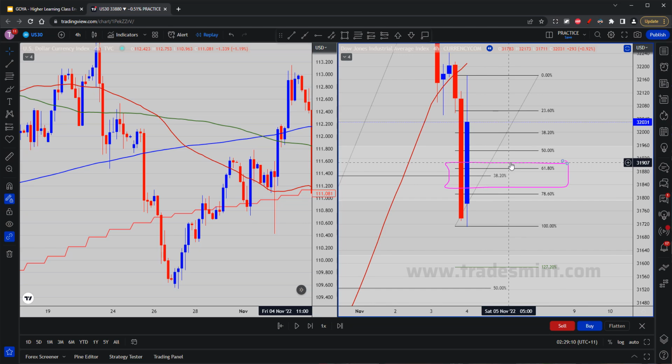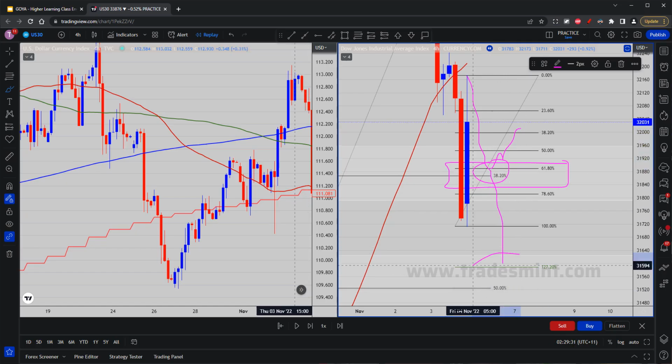So we have no choice but to stay in 4 hour, but if you were to trade this movement in real time, of course you would lower your time frames to have your confirmation of the price action at this area. Okay, so you would either see the price action coming here and leaking below, or you will see it bouncing up. If it leaks below, then we're looking for the 50%. If it starts bouncing up, then we enter here and we extend the movement higher and we follow the trend.